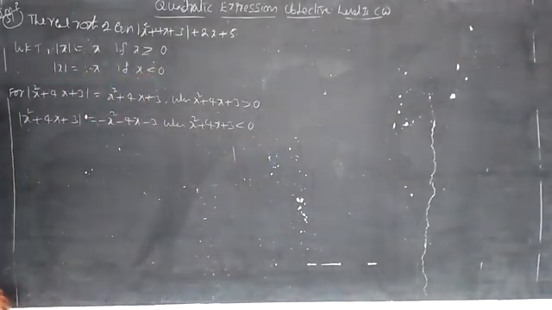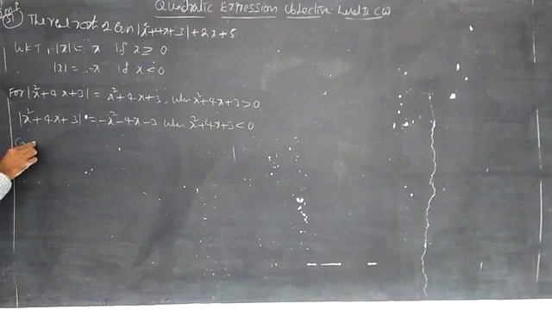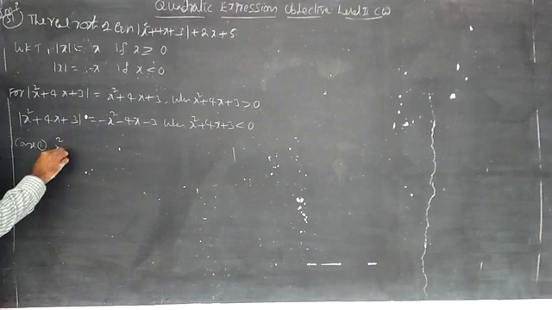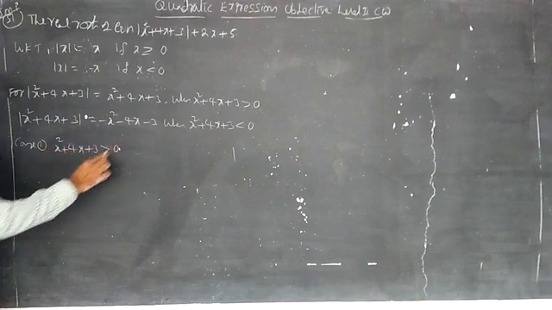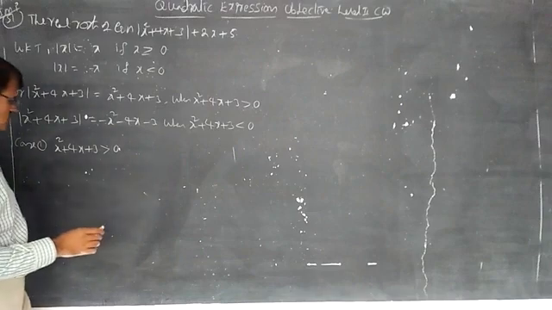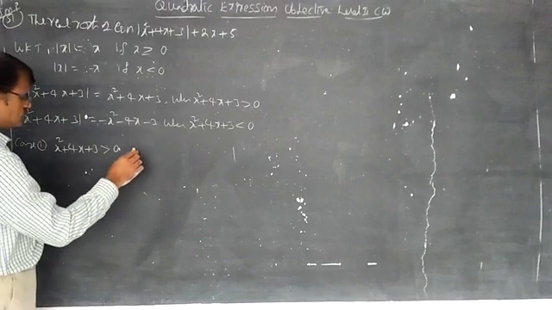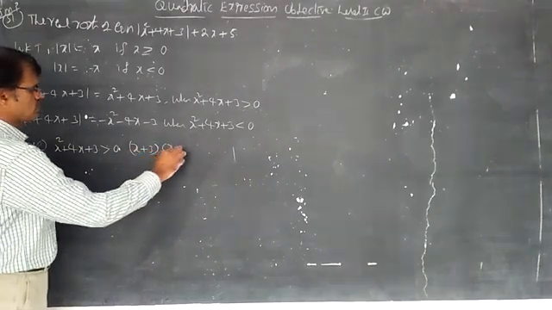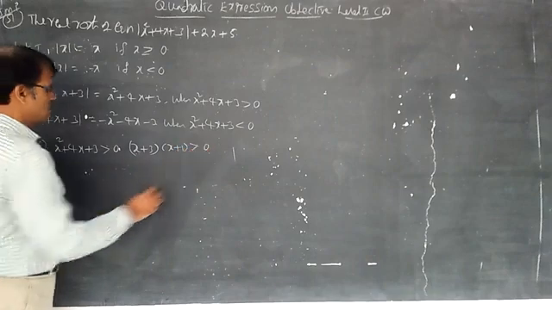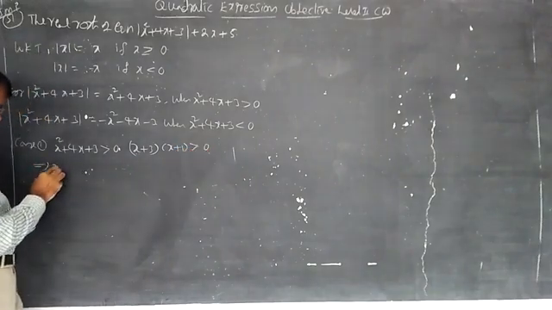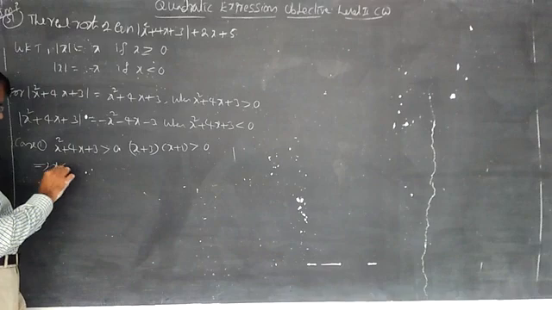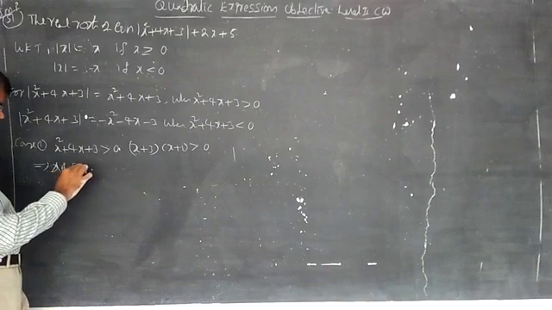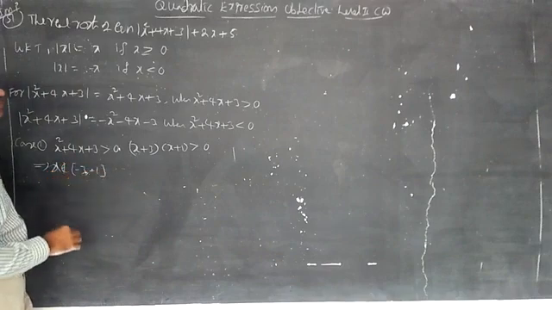Now case 1. Consider x square plus 4x plus 3 greater than 0. Now we know the roots: x plus 3 into x plus 1 greater than 0. That implies x does not belong to minus 3 comma minus 1.